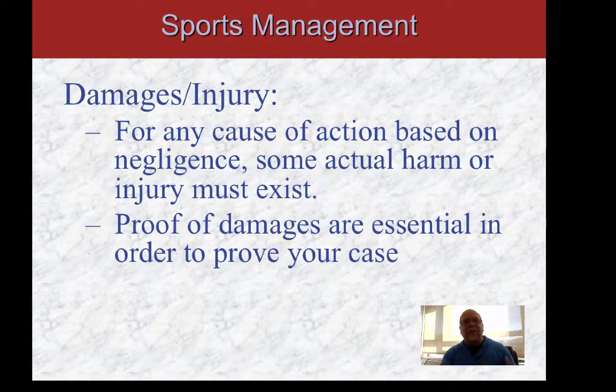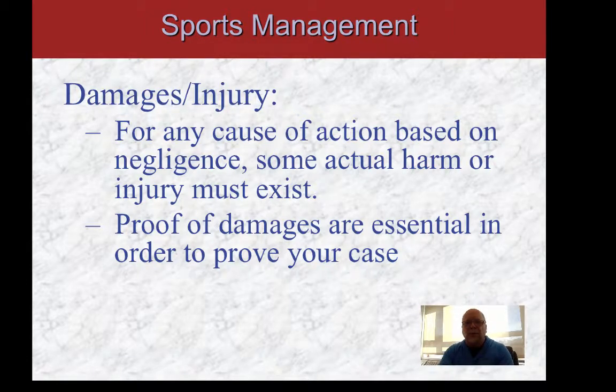The fourth element is damages. For any cause of action, there has to be some form of injury. Proof of your damages are essential to prove a case. Okay? As many of you know, I'm a judge arbitrator. Damages are essential. If there are no damages, you don't have a case. All right?